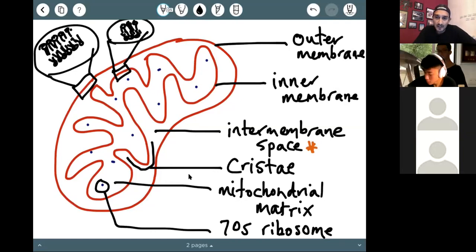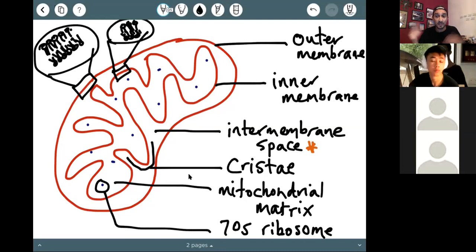Endosymbiotic theory. Yeah, endosymbiotic theory. What evidence does it help with? Because a 70S ribosome is for prokaryotes. Got it. Prokaryotes have 70S ribosomes, eukaryotes have 80S, so this supports that theory.